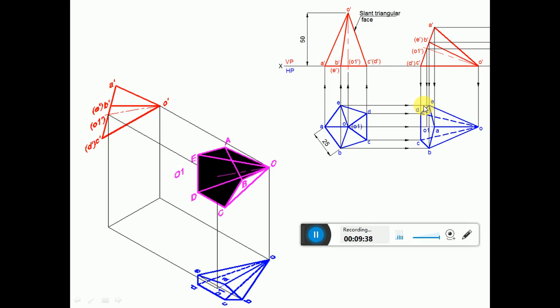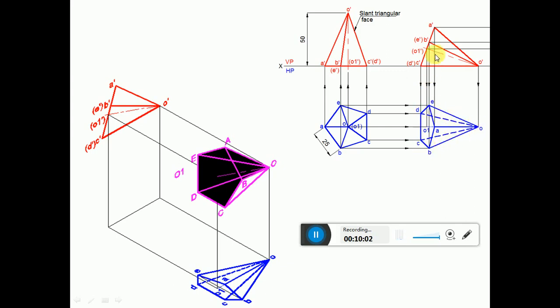Once you get this, now we are going to apply the condition of visibility. All the exterior edges of the boundaries of the solid are visible. Since OB, BC, CD, DE and EO form the boundary of the solid, darken all the boundary edges.